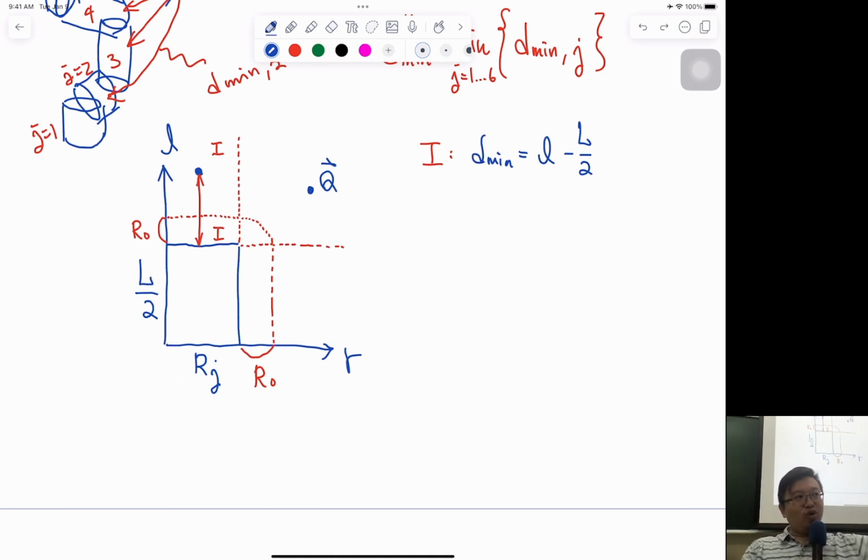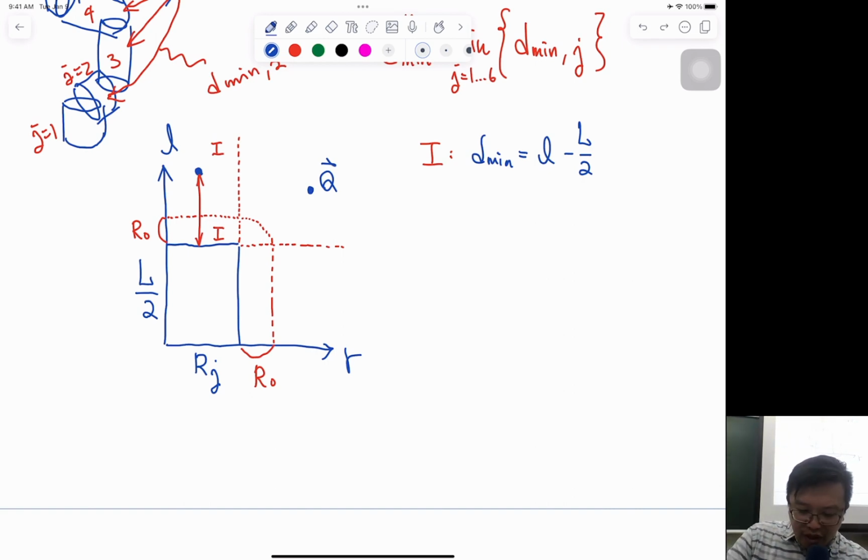Compared to the Q coordinate, I will instantly know what would be the R and L coordinate for the ith part. And then I determine where the coordinate of Q is. If it's inside region 1, the shortest distance is L minus big L over 2. It can be easily computed.